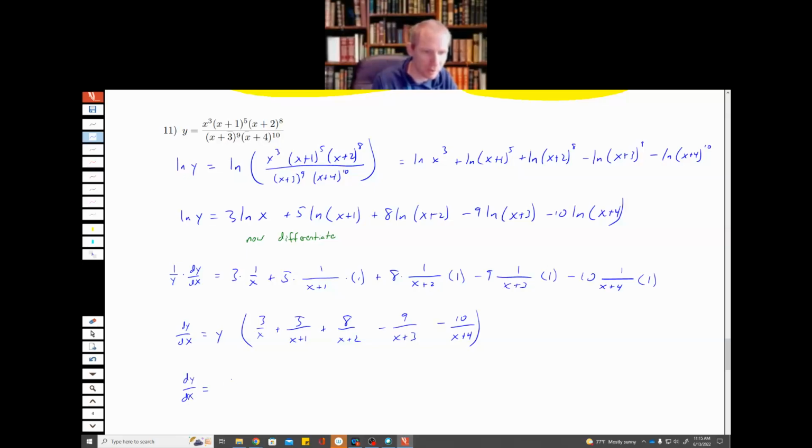So dy dx is x cubed, (x plus 1) to the 5th, (x plus 2) to the 8th, over (x plus 3) to the 9th, (x plus 4) to the 10th, times this stuff in parentheses: 3 over x, plus 5 over (x plus 1), plus 8 over (x plus 2), minus 9 over (x plus 3), minus 10 over (x plus 4).